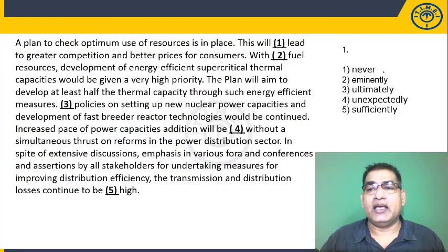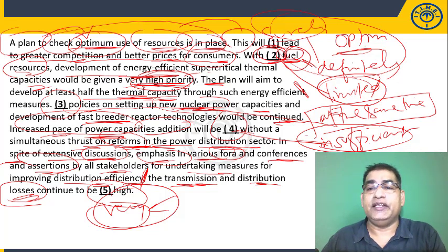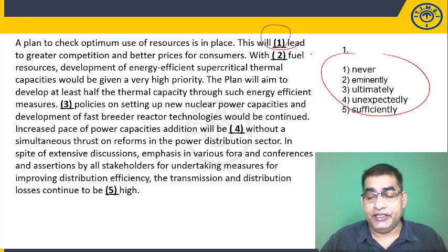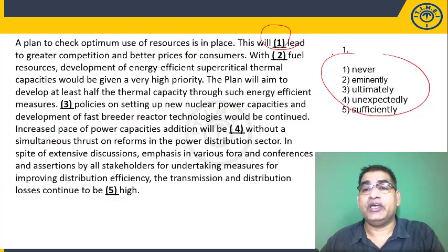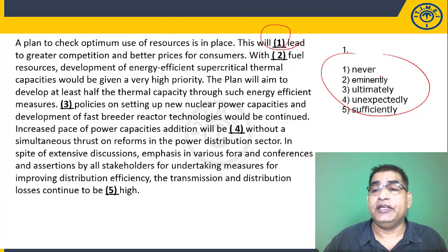So for the first blank, 5 choices are given. What was our clue for the first blank? Definitely. A plan to check optimum use of resources is in place. This will definitely or surely. Where do we have surely? Never is not surely.